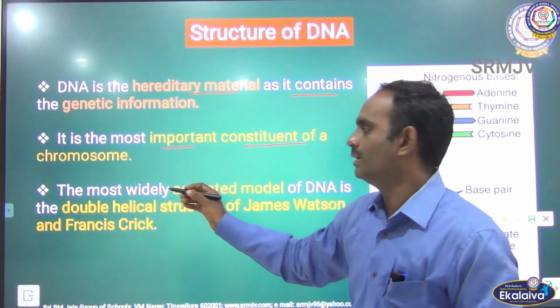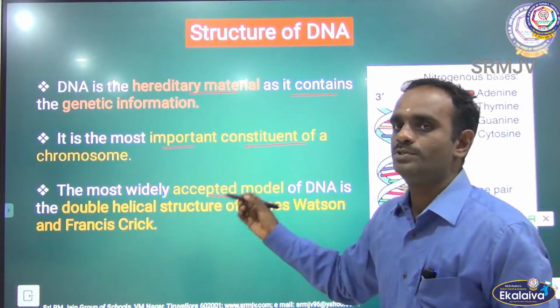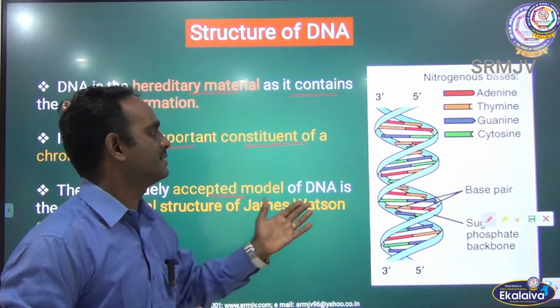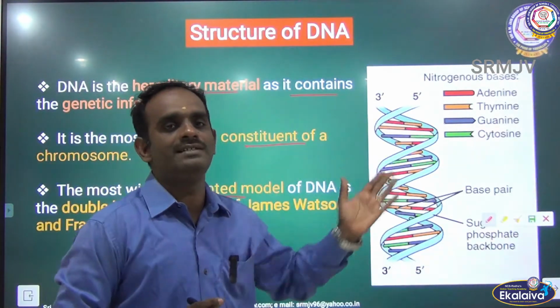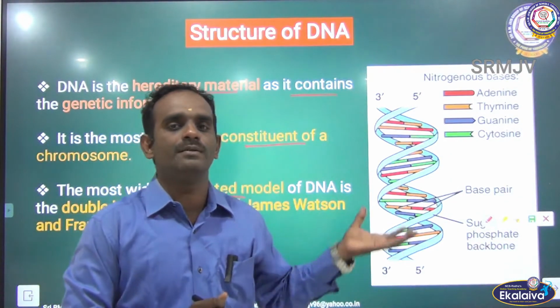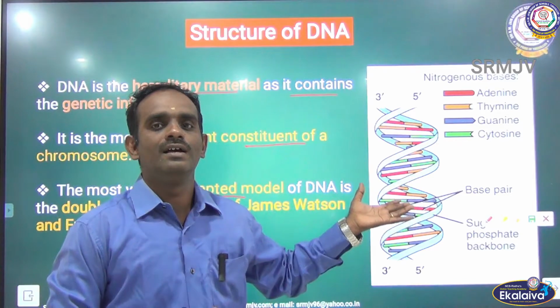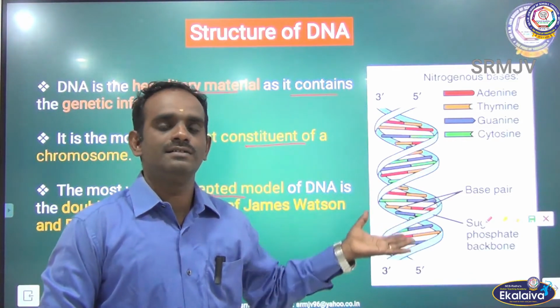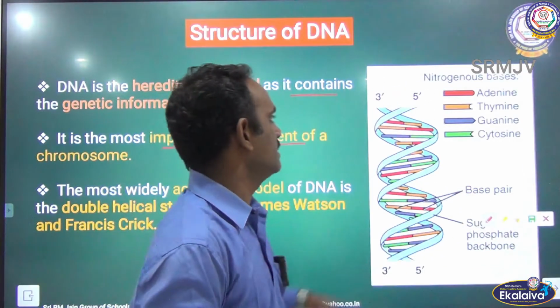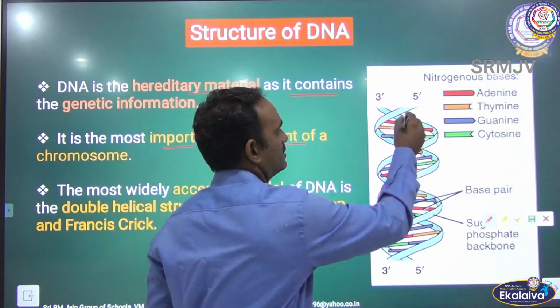The most widely accepted model of DNA is the double helical structure, proposed by James Watson and Francis Crick. See the picture here, children, it is a double helical structure.